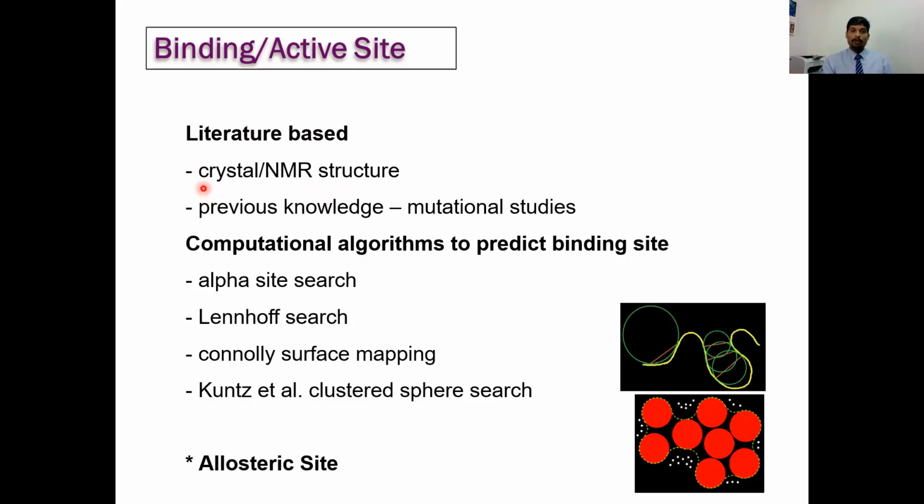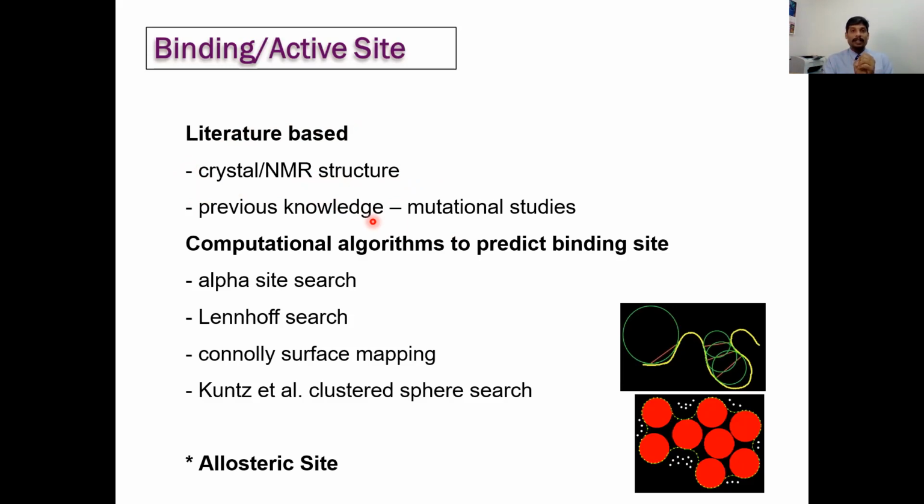Or sometimes, if you don't have a crystal structure, but some studies may be available, like, okay, this amino acid deletion may be affecting the ligand binding, or this nucleotide mutation is leading to the weakening of the ligand interaction.